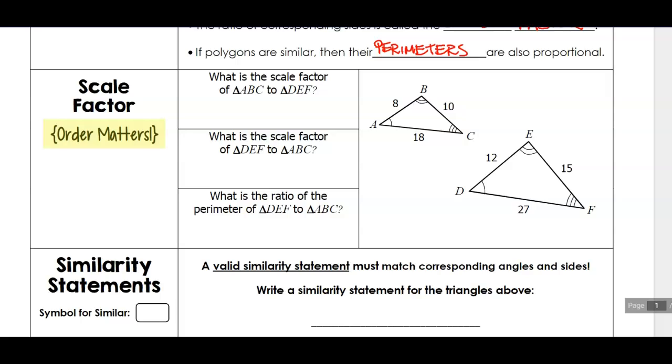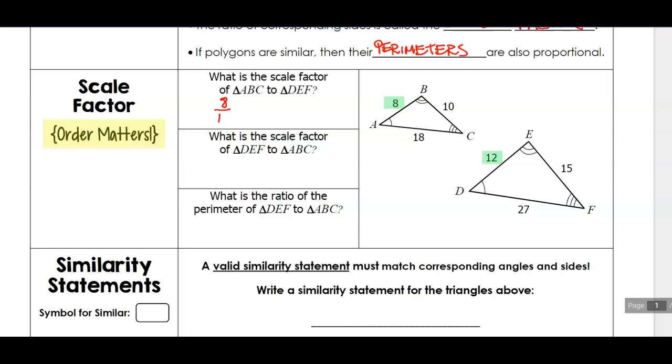So I'm going to pick the side over here that's between the 1 tick mark angle and the 2 tick mark angle. So then I'll come over here, and these triangles are in the same orientation. So the side that matches with it is going to be the 12. It's between the 1 tick mark angle and the 2 tick mark angle. So if I'm going to find the scale factor, I'm going to make a fraction out of those two sides.